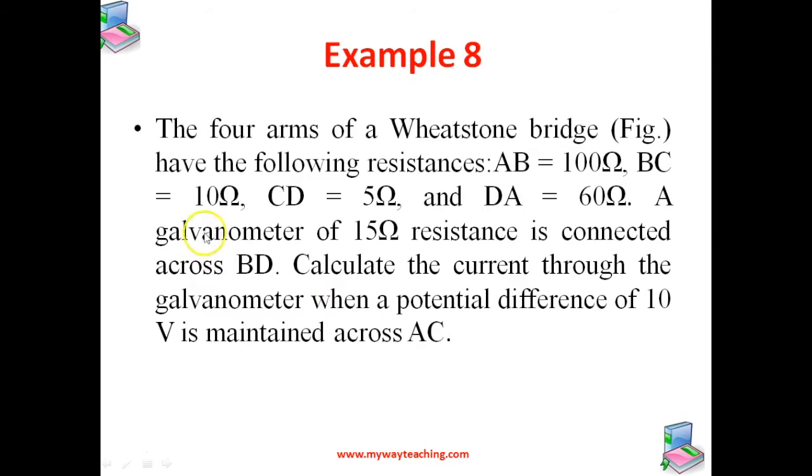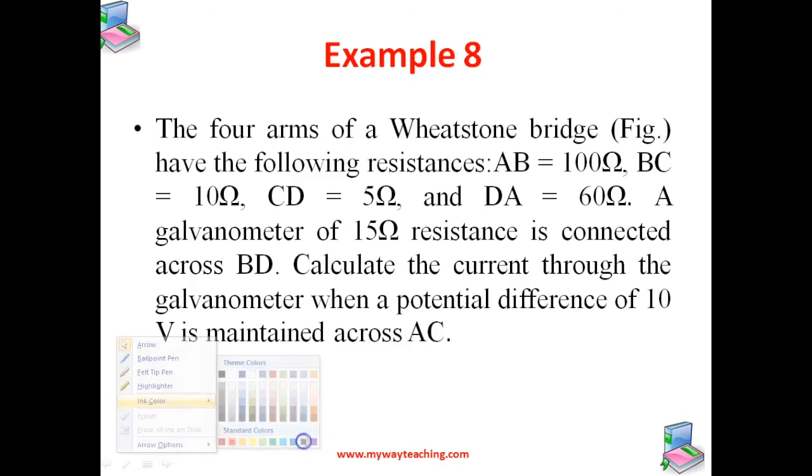Here, a galvanometer of 15 ohm resistance is connected across BD. Calculate the current through the galvanometer when a potential difference of 10 volt is maintained across AC. So, this is the question.